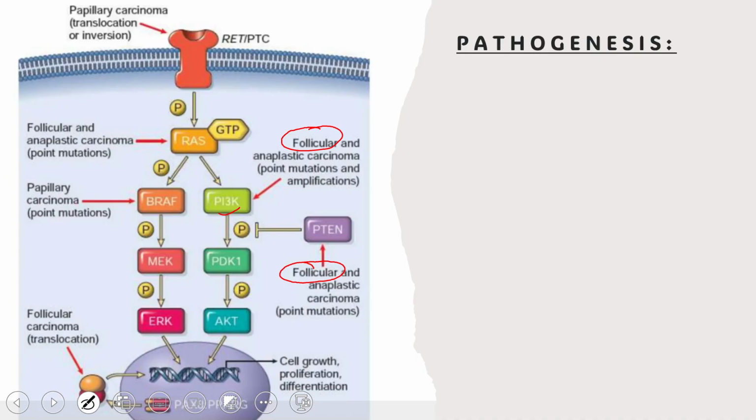That also results in follicular carcinoma, and also the mutation of the RAS gene, which is an oncogene, also results in follicular carcinoma. And next there is a translocation of certain genes, and that also leads to the follicular carcinoma.